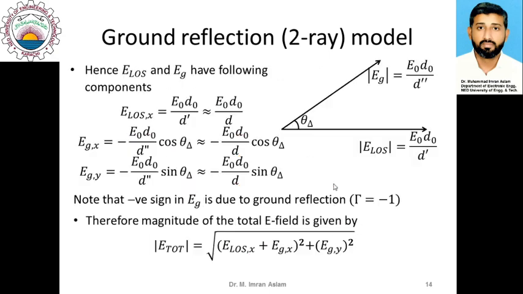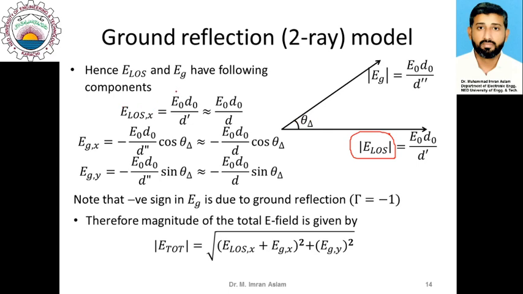So how can we represent it? This is a simple illustration. We have taken the LOS field to be along the horizontal axis here, and this EG field to be at a specific phase difference, which is theta delta.